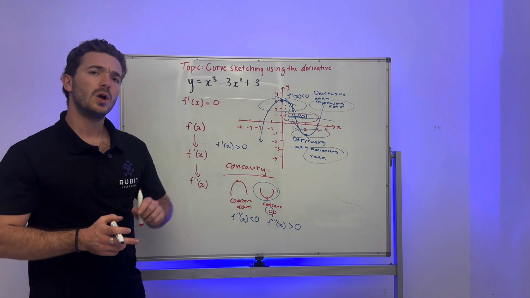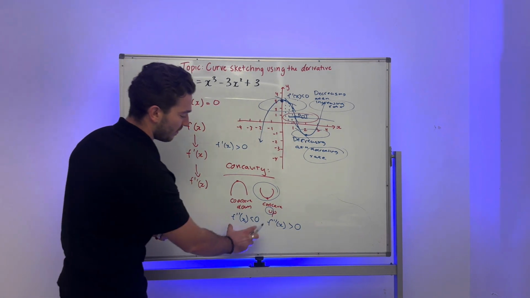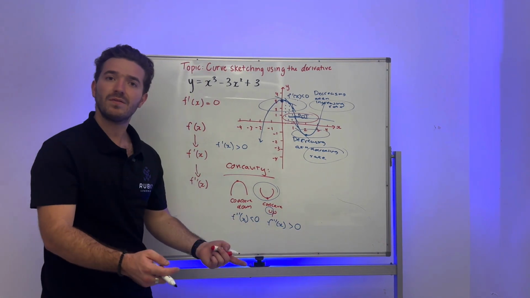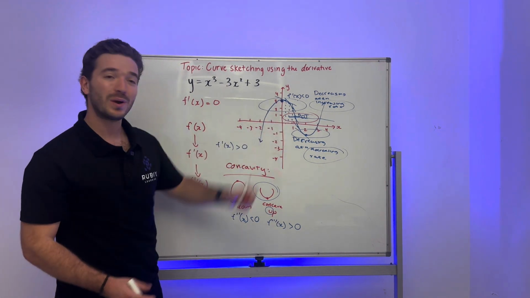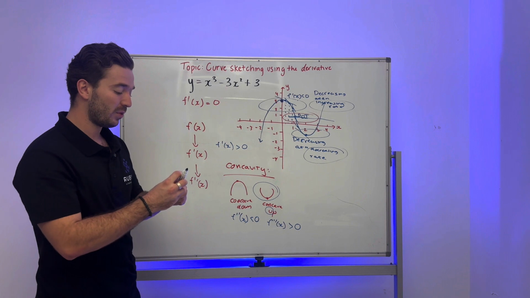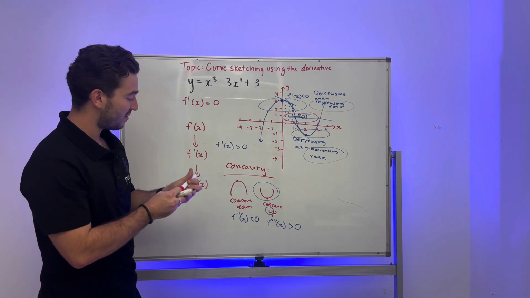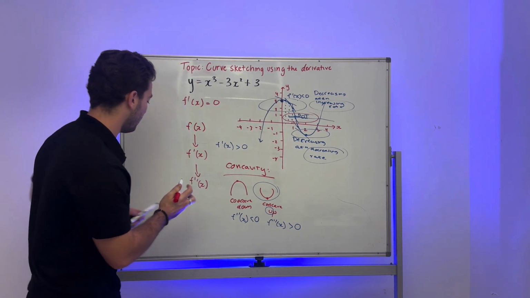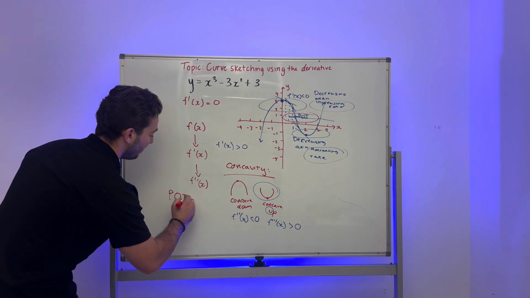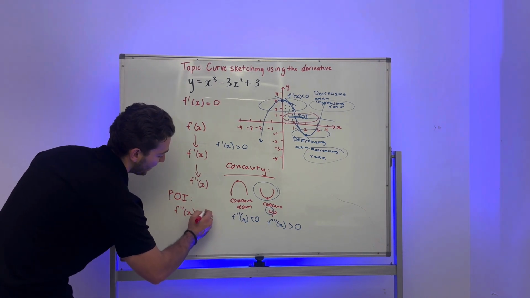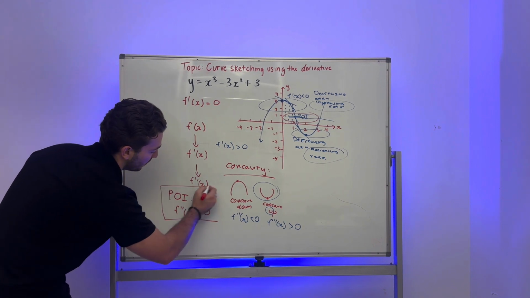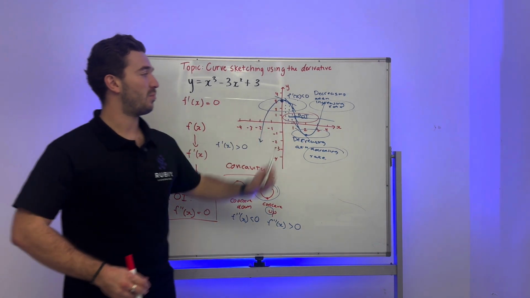All right, just like earlier, when we go from less than to greater than, we have f double dash x equals 0 in between. That between point is the point of inflection. So the rule then states to find the point of inflection, the point of inflection happens when f double dash x is equal to 0. That is the point of inflection there.